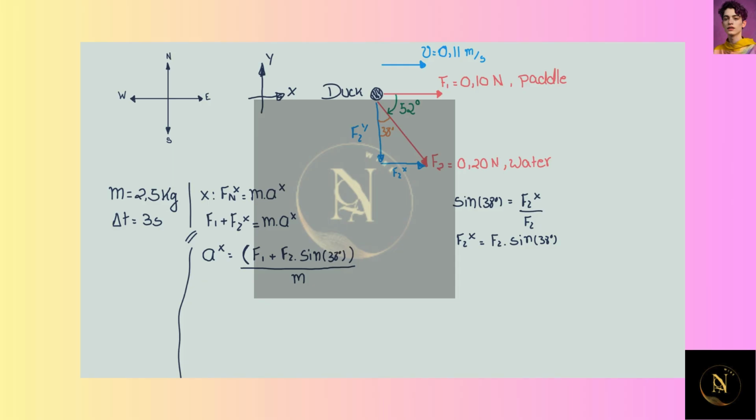Then, plugging in the values that the problem gives us, we get a_x equal to 0.1 plus 0.2 times the sine of 38 degrees, divided by the mass of 2.5 kilograms. This results in an x acceleration of approximately 0.08925 meters per second squared.